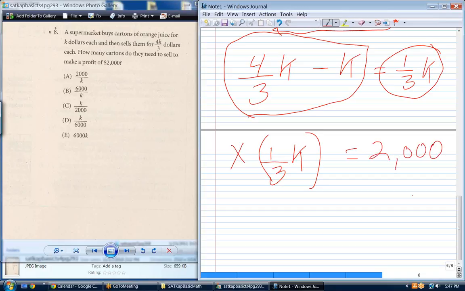X being the number of cartons that they sell. What we're trying to find out. So, in terms of K, and if we look at the answers, there's a K in every answer. We don't solve for X. We solve for X in terms of K. So, solve this equation for X.